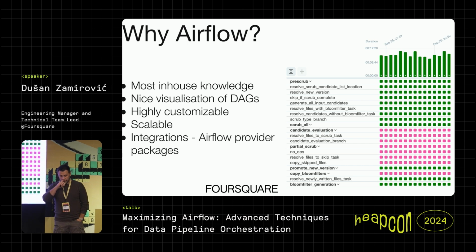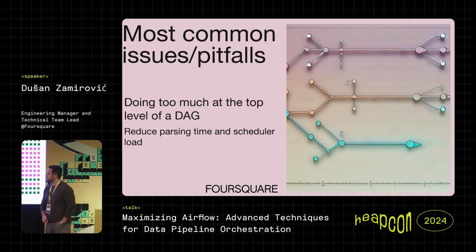And also, there are many Airflow provider packages, integrations, so basically everything for communicating with AWS, for example, which is the most important for us, you have as open source. And for DataHub, you have it as open source. So basically, we are relying on open source packages and standing on the shoulders of giants, as we say.